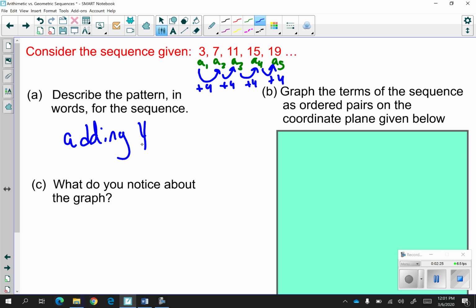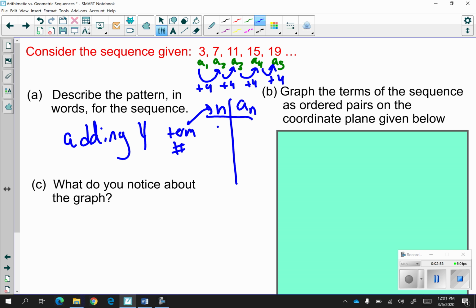Now, if you go and you graph this, you want to make coordinates. We're going to have n, which is our term number, and we're going to have a sub n, which is the actual value of the term.